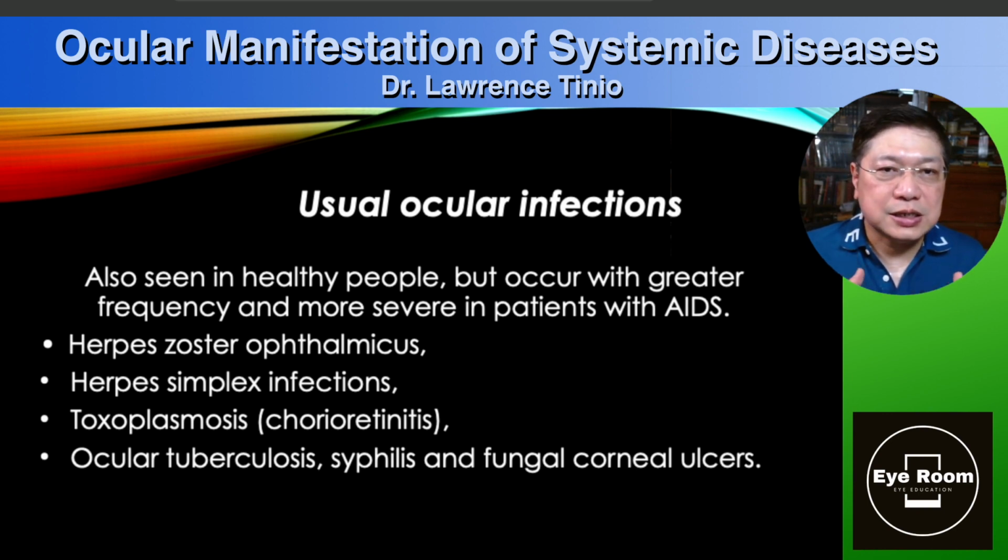Again, as I said earlier, you will also see this in patients who do not have AIDS, but in patients with AIDS, these are very, very common. Sometimes you will see two or even three of these all in just one patient. So if you see an abnormally large number of infections in a seemingly normal patient, one of the things that you should always consider is that the patient may have HIV infection.